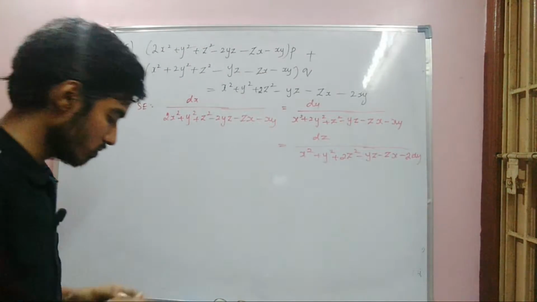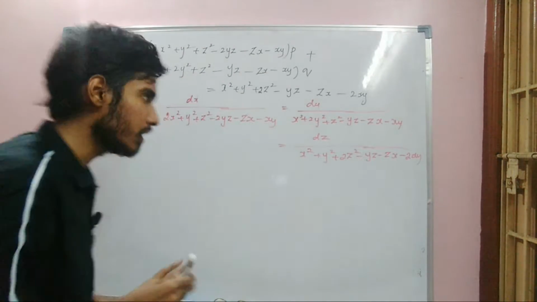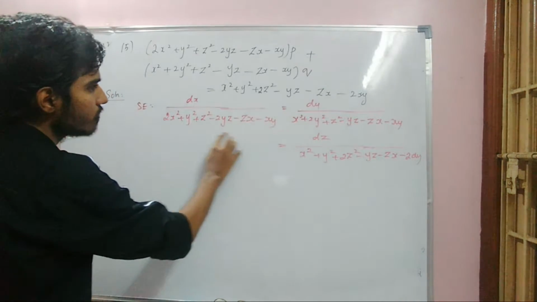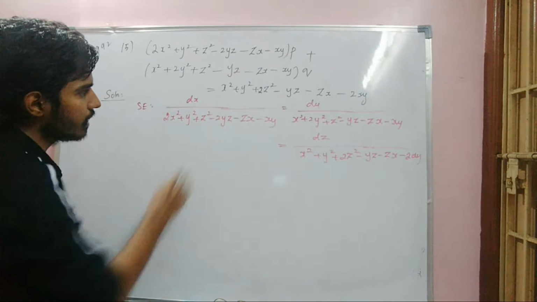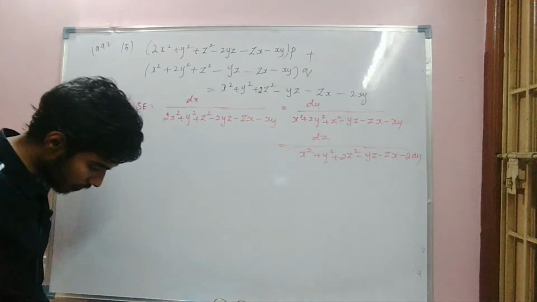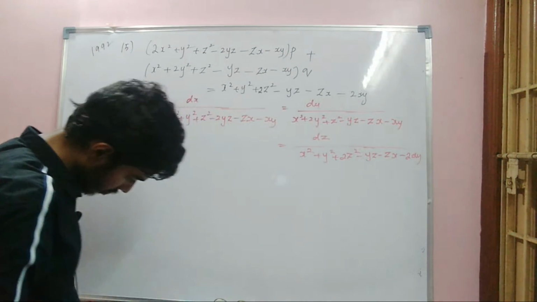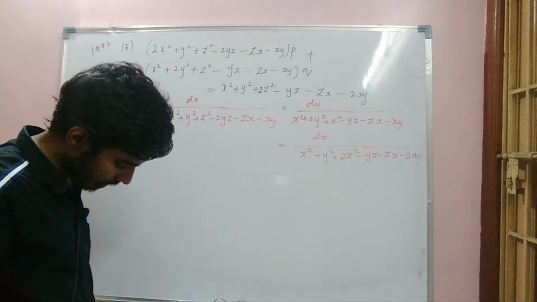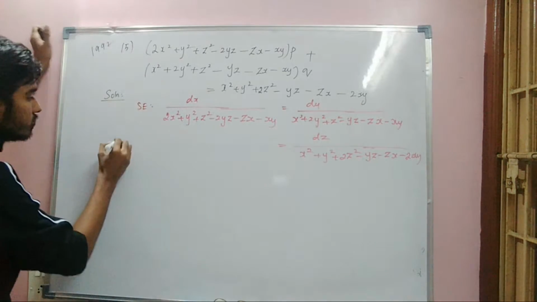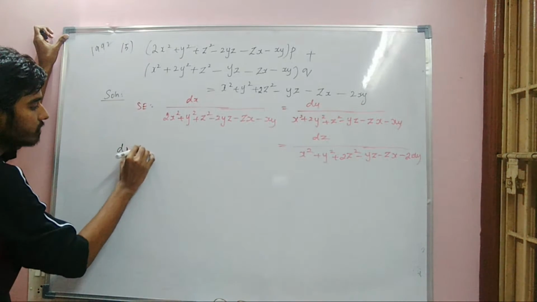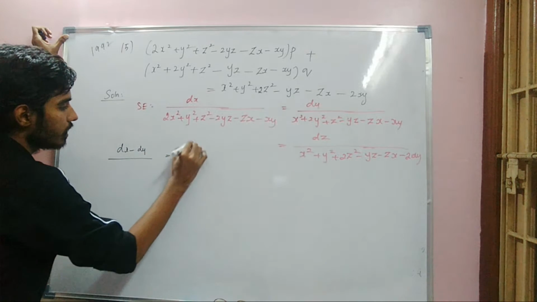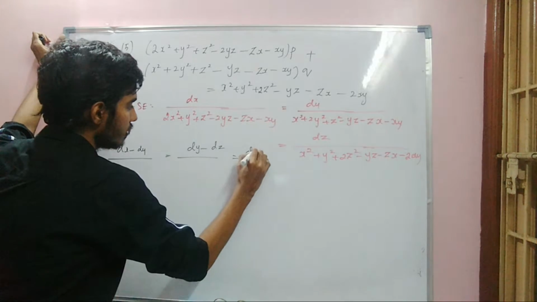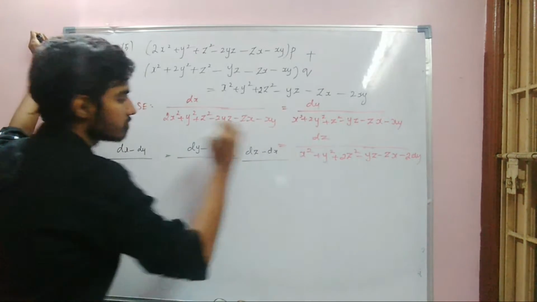First, if I subtract these terms, a lot of the terms will get cancelled. I will find dx minus dy, then dy minus dz, and then dz minus dx.